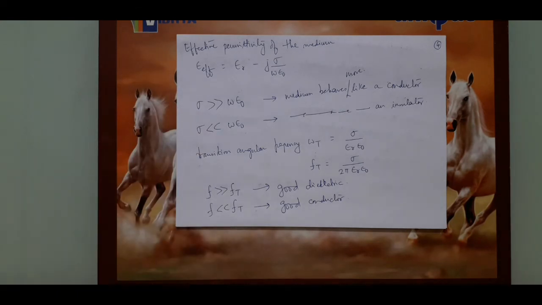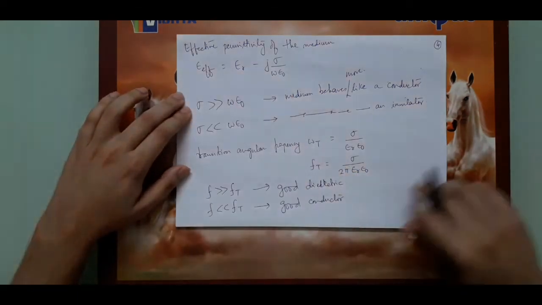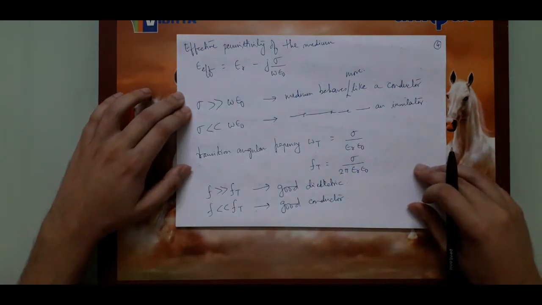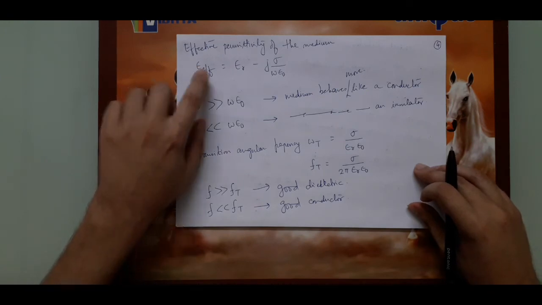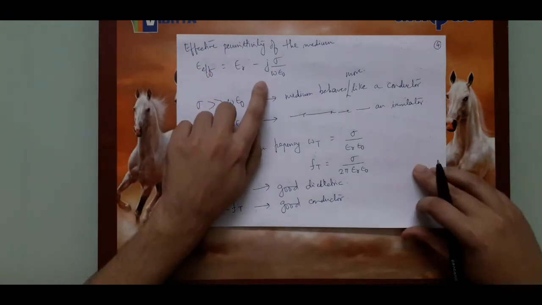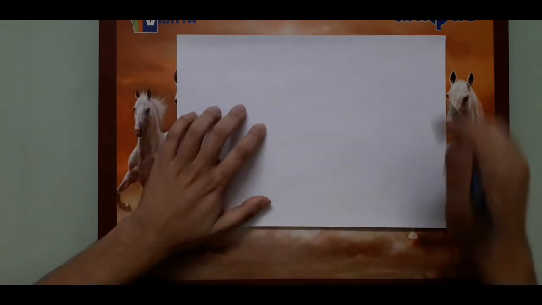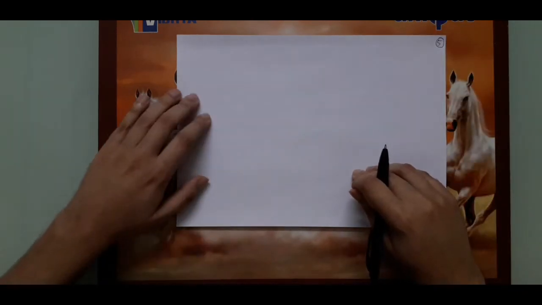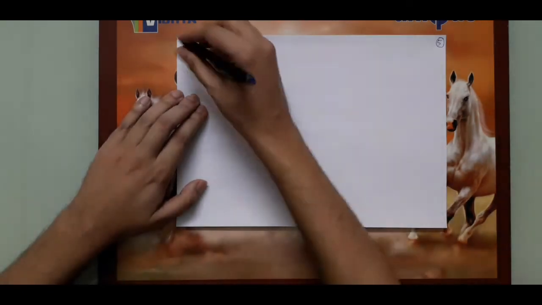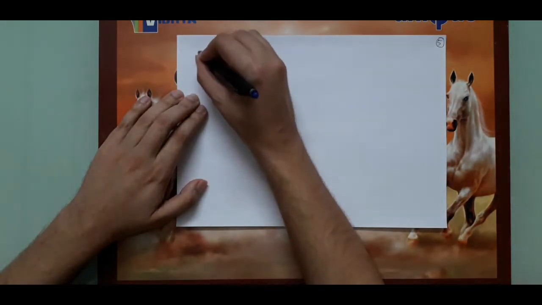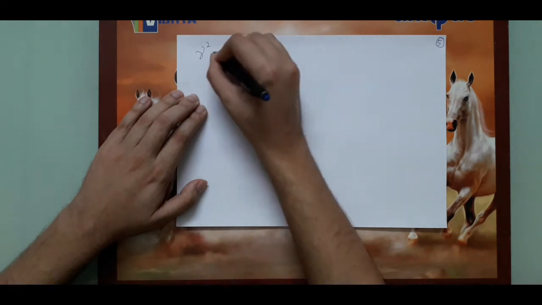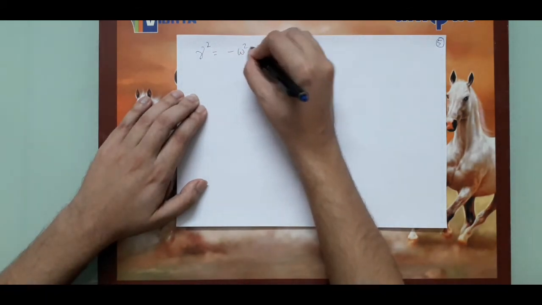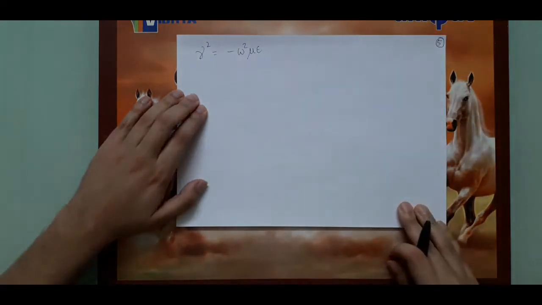Now, since we defined the epsilon effective as a complex quantity, we can go back and write the propagation constant gamma by incorporating the complex permittivity. We proved that for any medium, gamma square is nothing but minus omega square mu epsilon.